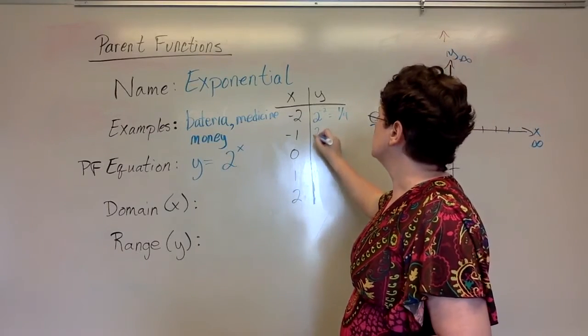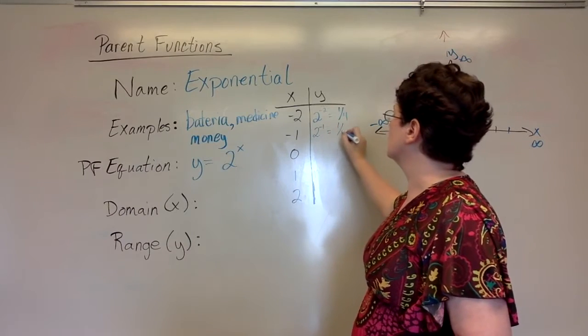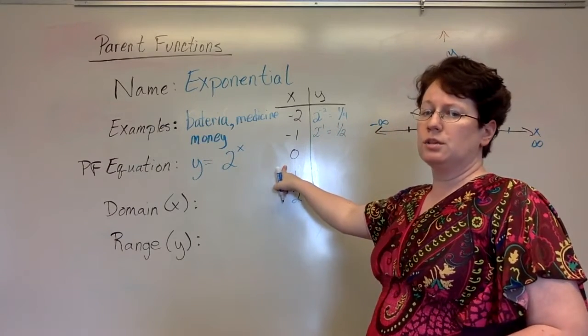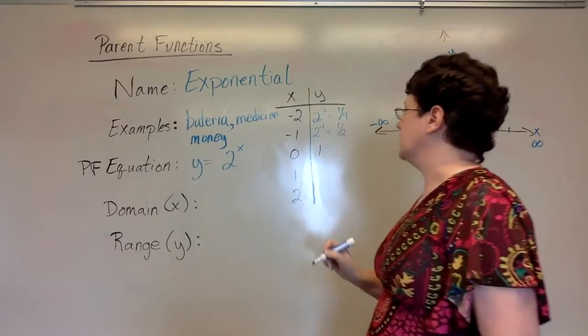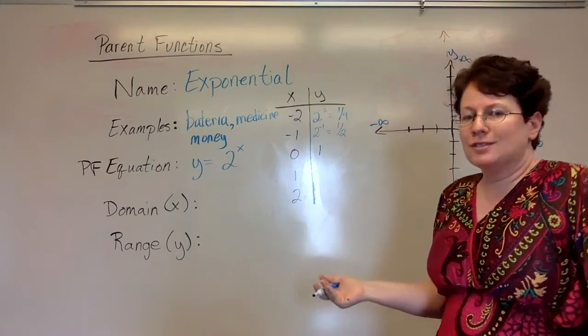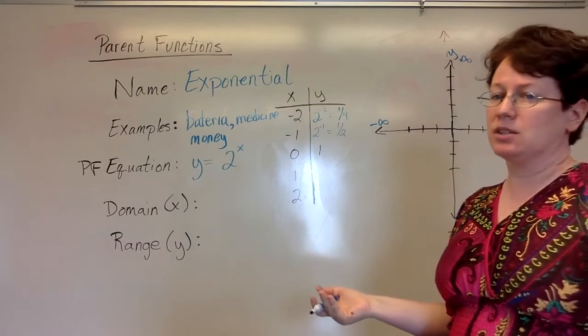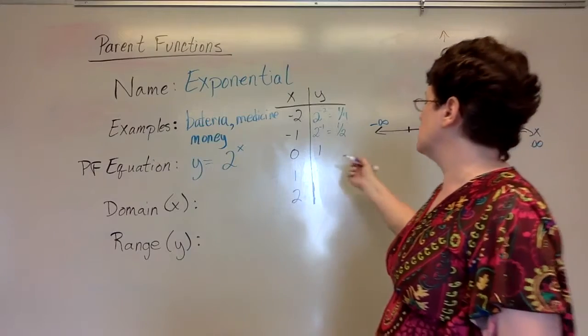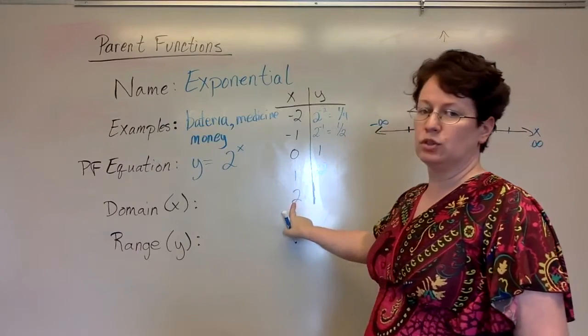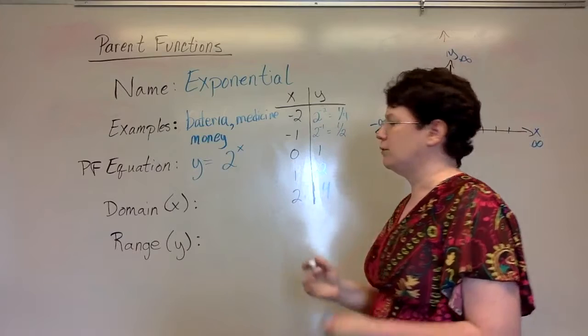Here, this would be 2 to the -1 power, which is 1/2. 2 to the 0 is not 0. It's 1. We have another function that doesn't have 0, 0. It started with that crazy rational, but exponential does the same thing. 2 to the first power is 2. 2 squared, easy enough, 4.